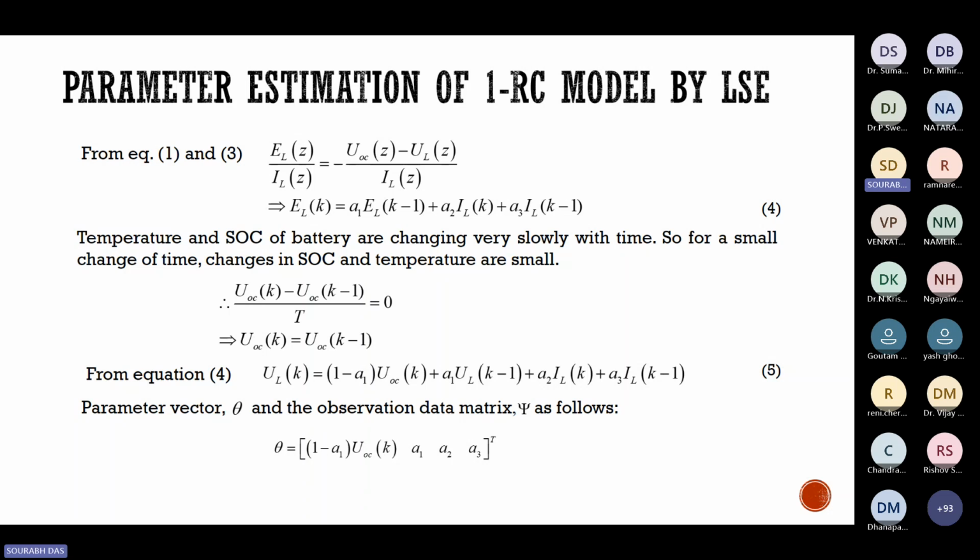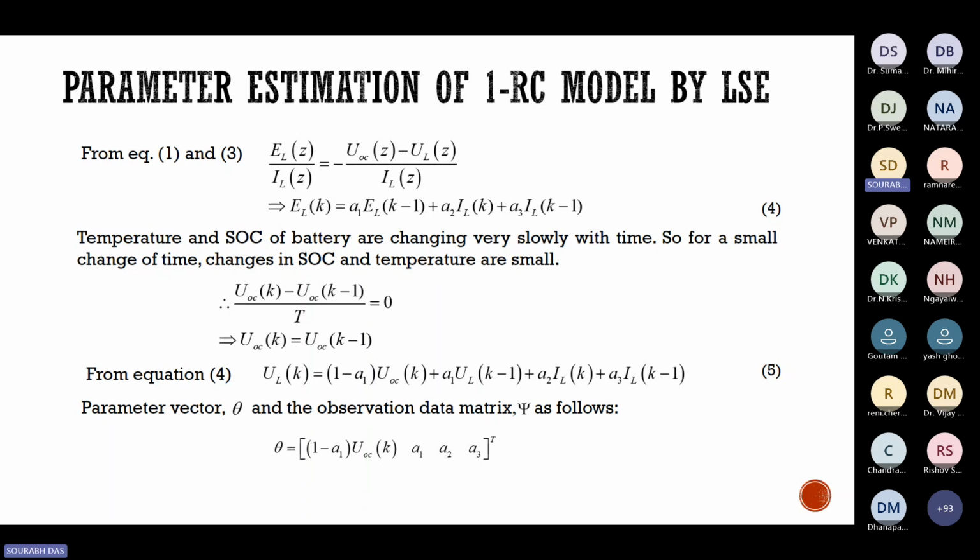As the open circuit voltage is the no load voltage, when we are giving the pulse and we are measuring that terminal voltage, that will not be the open circuit voltage, because there is a polarization drop.